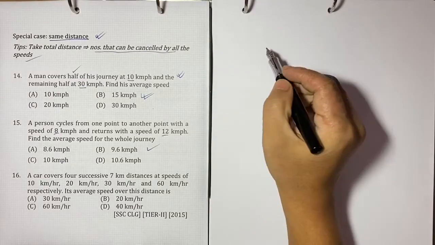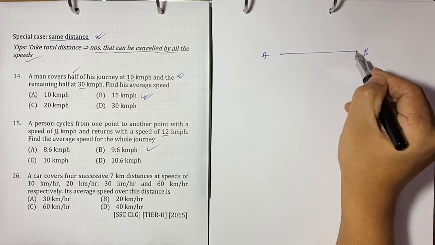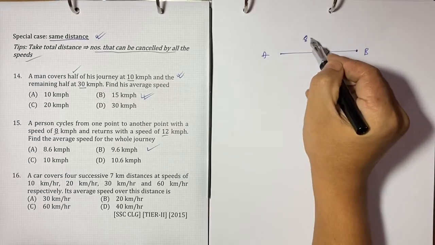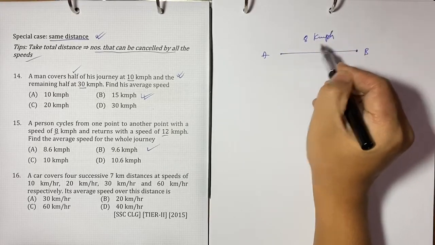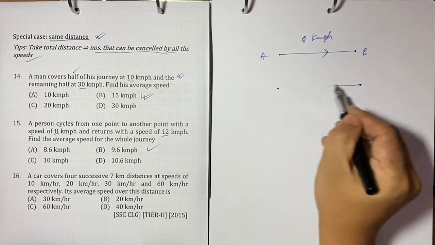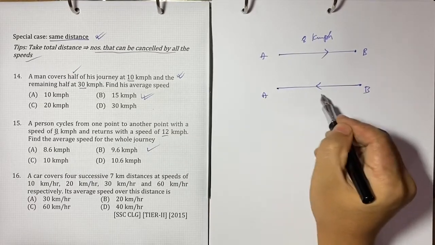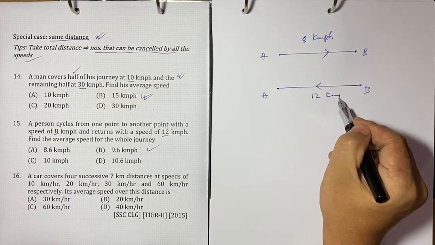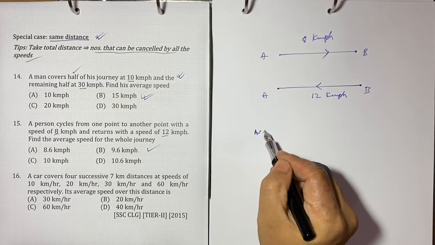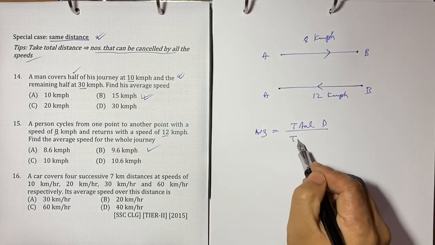Point A to point B at a speed of 8 km/h, and returning from point B to point A at a speed of 12 km/h. Average speed is total distance divided by total time.